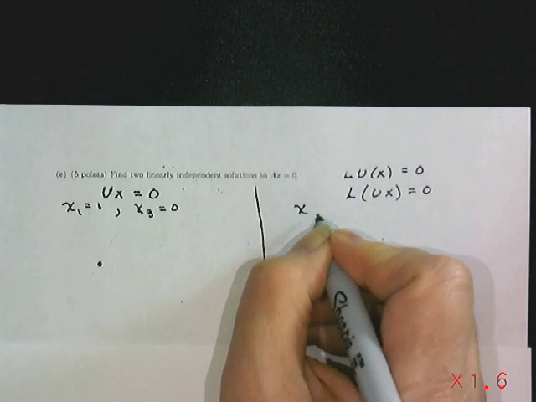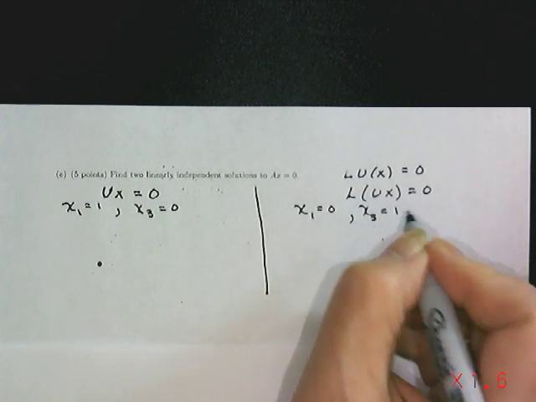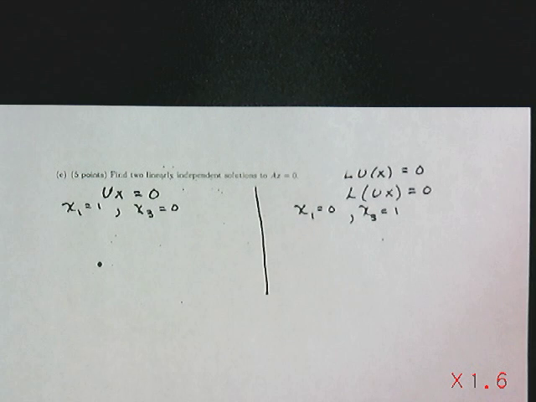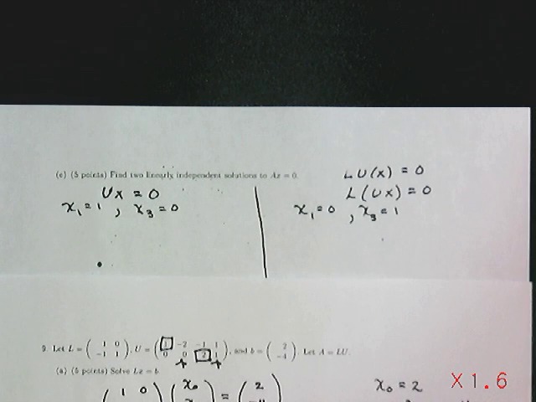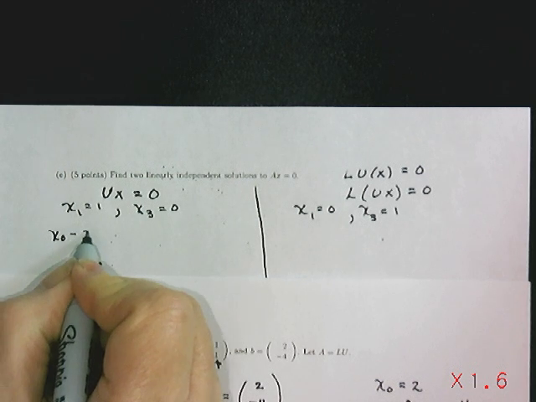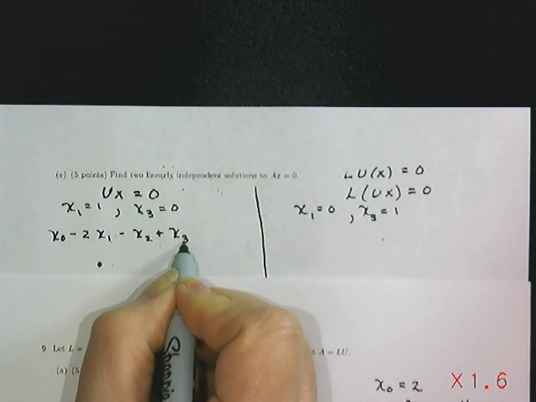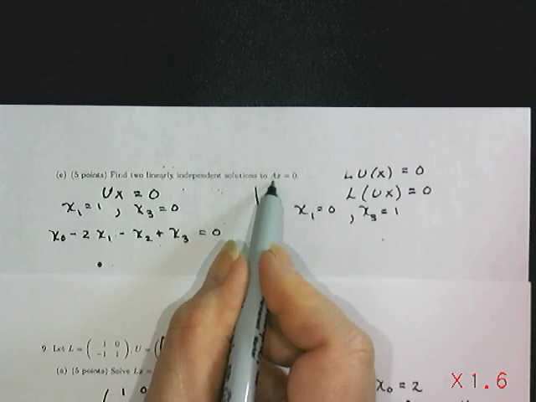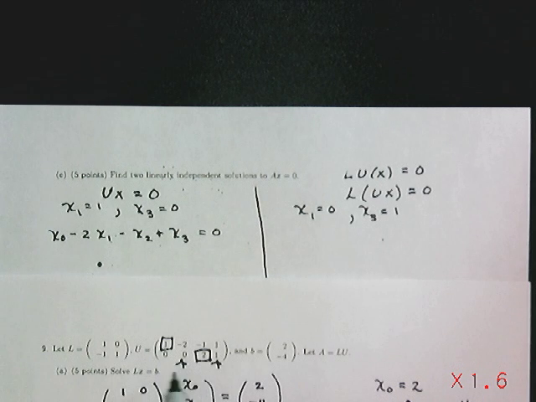Then I'm going to switch it and let chi1 equal 0 and chi3 be equal to 1 to find another. So again, from U, we know that chi0 minus 2 chi1 minus chi2 plus chi3 would have to be equal to 0 to solve Ax is equal to 0.